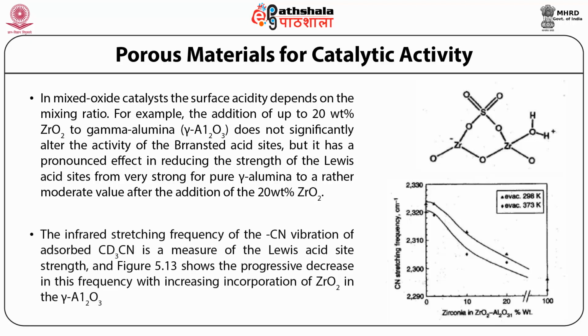The infrared stretching frequency of the CN vibration of adsorbed CD3CN is a measure of Lewis acid site strength. There is a progressive decrease in this frequency with increasing incorporation of zirconia in the gamma Al2O3.